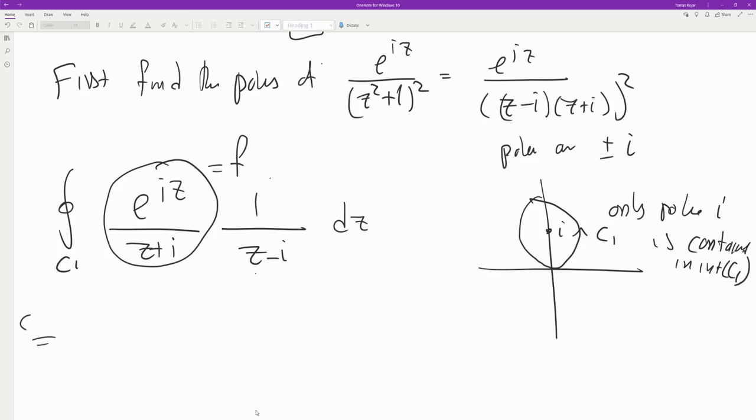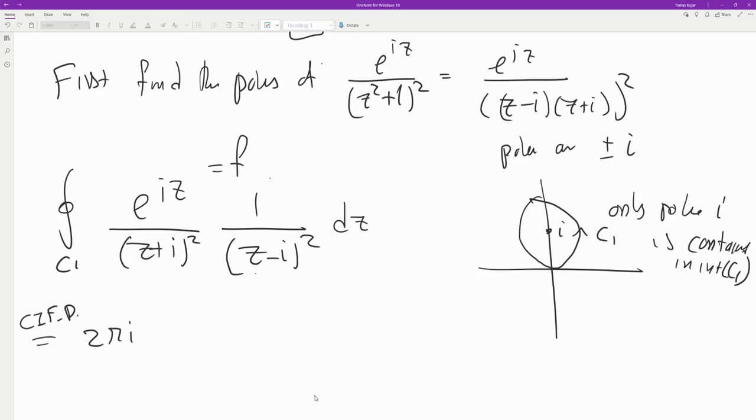Okay, oh, sorry, everything is squared. So this is squared and this is squared. So, Cauchy integral formula for derivative. Okay, so 2 pi i.